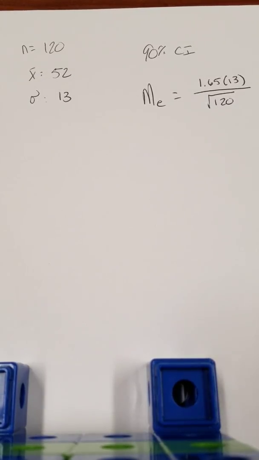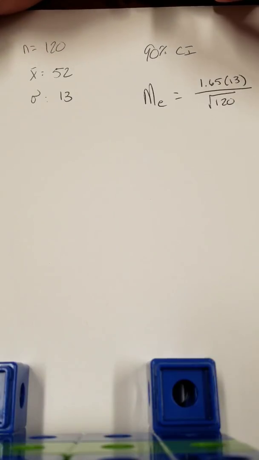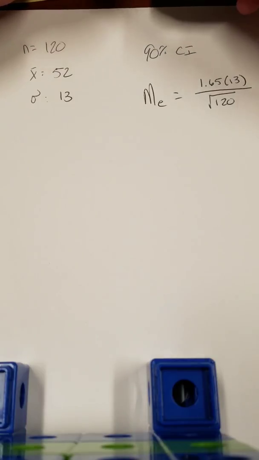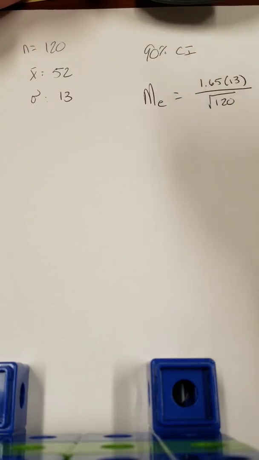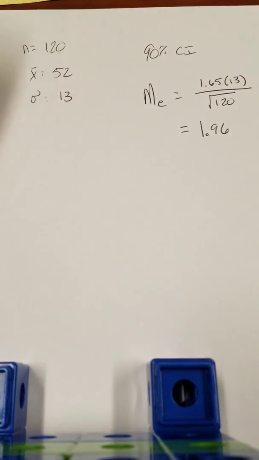So if your sample size is smaller than 30, all right? All right, so make sure you're using the right set of parentheses or just type in the top piece first, whichever you want to do. But calculate your margin of error. And we found our margin of error to be 1.96. Okay, so 1.96 is our margin of error.